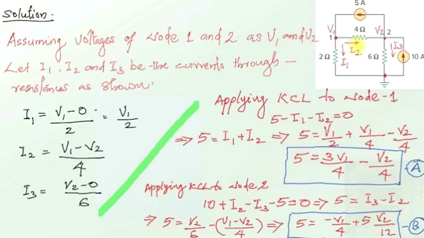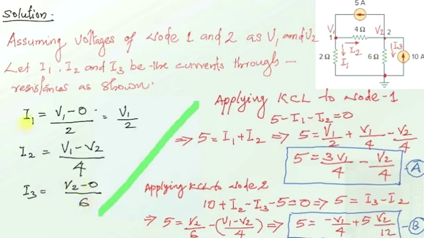So I2 in this direction is given by V1 minus V2 divided by the resistance in between. Here it is 4 ohm. By applying the same principle, you can calculate the current flowing from node 2 to the reference node through this 6 ohm resistance as V2 minus 0 divided by 6.